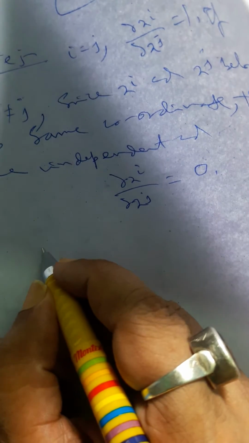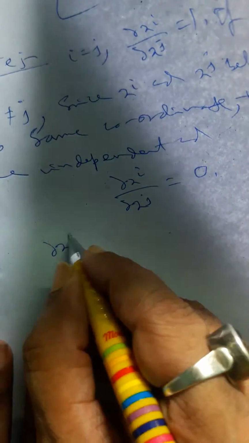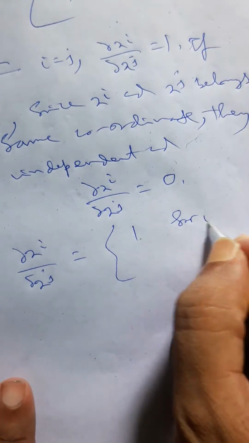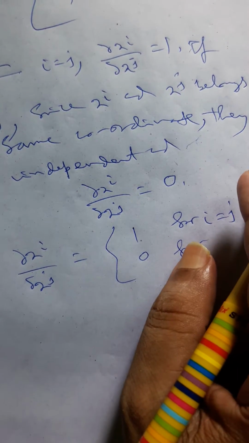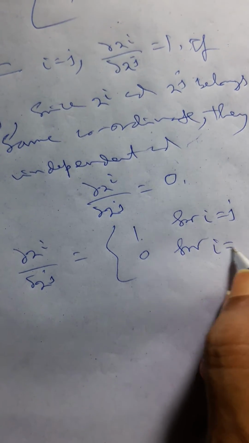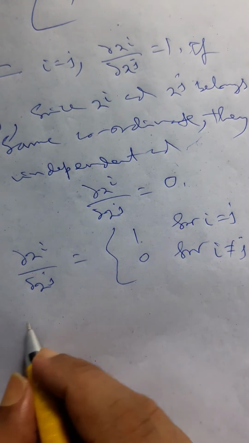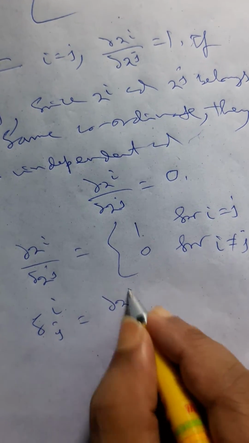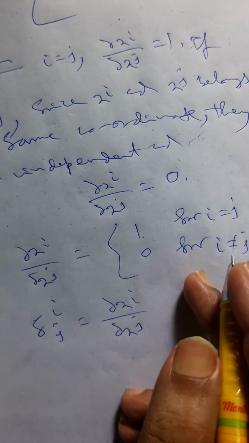And hence we can say ∂xi/∂xj equals 0. Thus we can say that ∂xi/∂xj is equal to 1 for i equals j and 0 for i not equal to j.